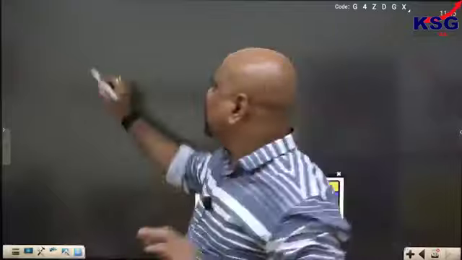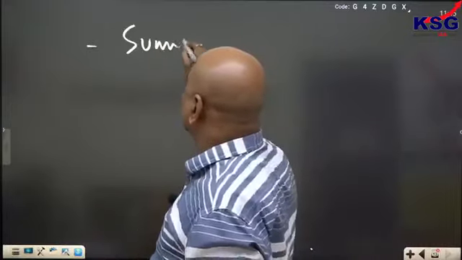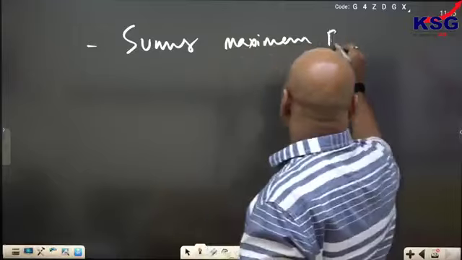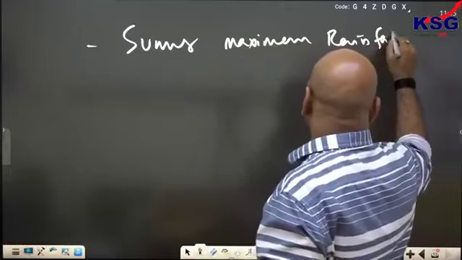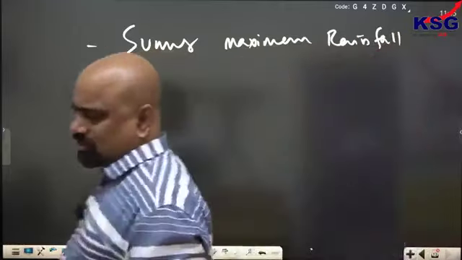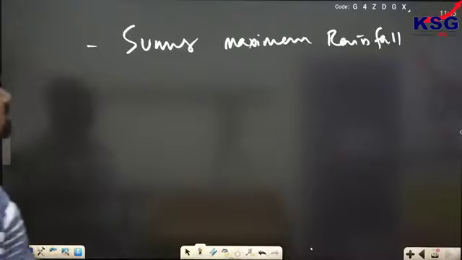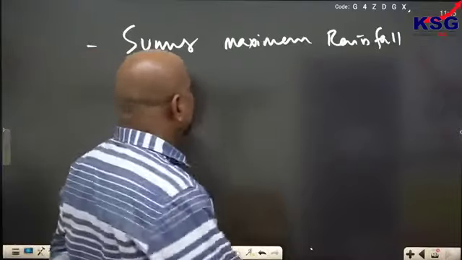Because of melting of this ice, in the summer season there is rainfall, summer maximum rainfall. Precipitation goes up to 60 to 75 centimeters.